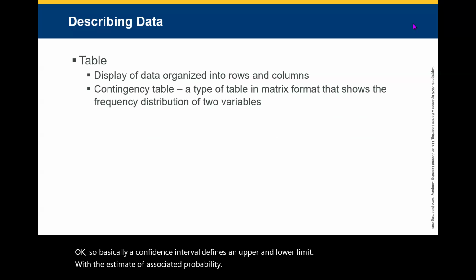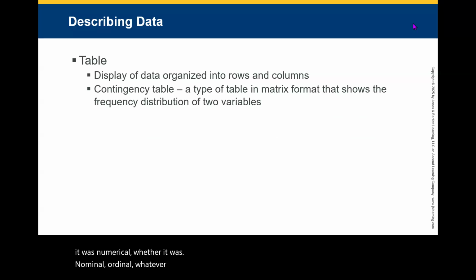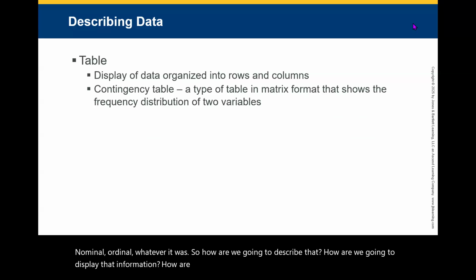And then we look at describing data. So we've run our study, we've collected our data, whether it was numerical, nominal, ordinal, whatever it was. So how are we going to describe that? How are we going to display that information? How are we going to communicate that information to others? Okay.